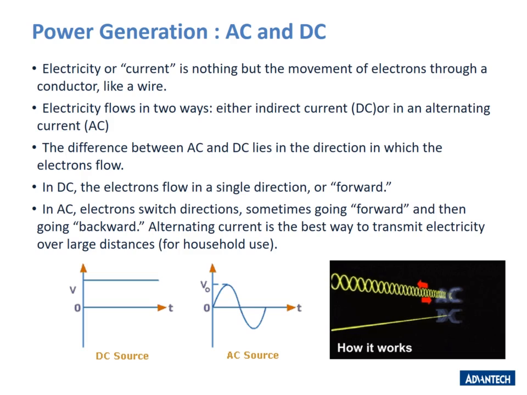The difference between AC and DC lies in the direction in which the electrons flow. In DC, the electrons flow in a single direction, or forward. In AC, electrons switch directions, sometimes going forward and then going backward. The advantage of using alternating current, AC, is that it can transmit electricity over large distances, such as for household use.